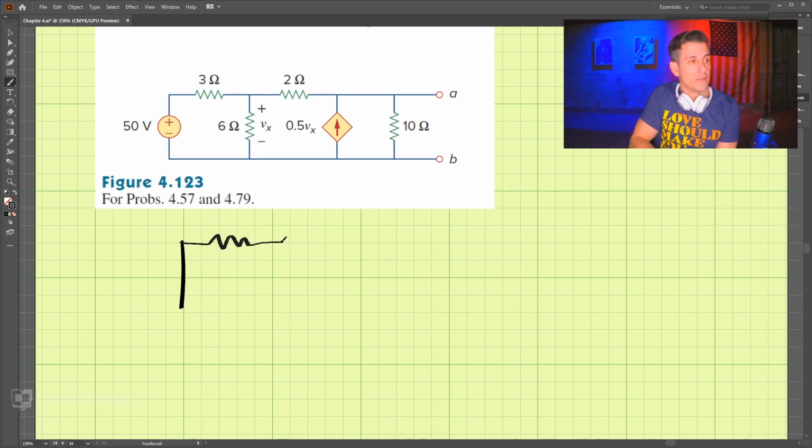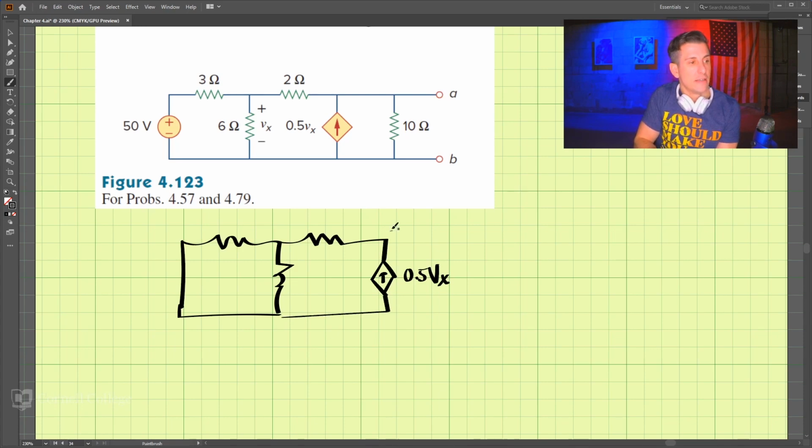And then we have our resistor, and our dependent current source, which is 0.5 Vx. And then we have a 10 ohm resistor. And then we have our terminals A and B.